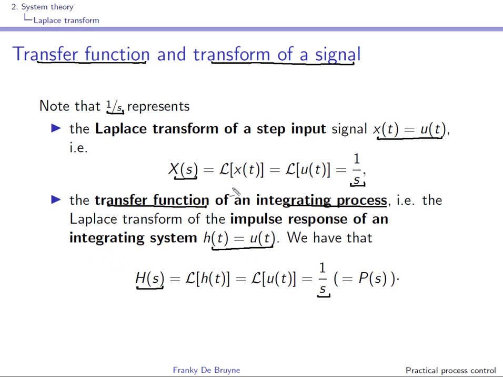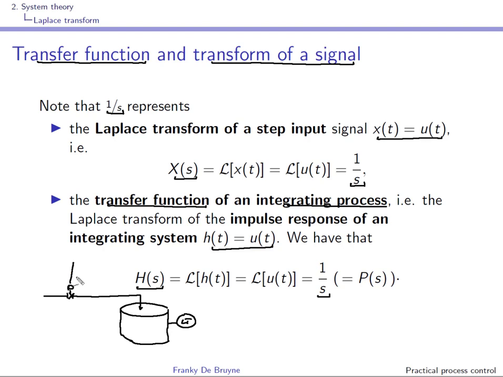What we can do is combine both, and before we do that we can have a look at a system that has integrating characteristics, and it's the relation from this control valve over here that will influence the input flow over here to the level in the tank.